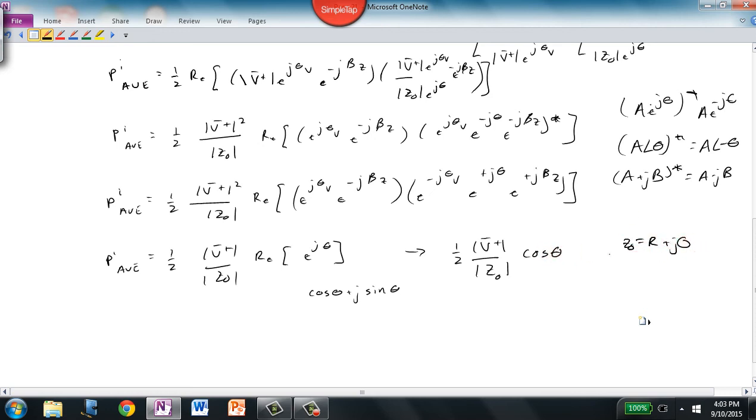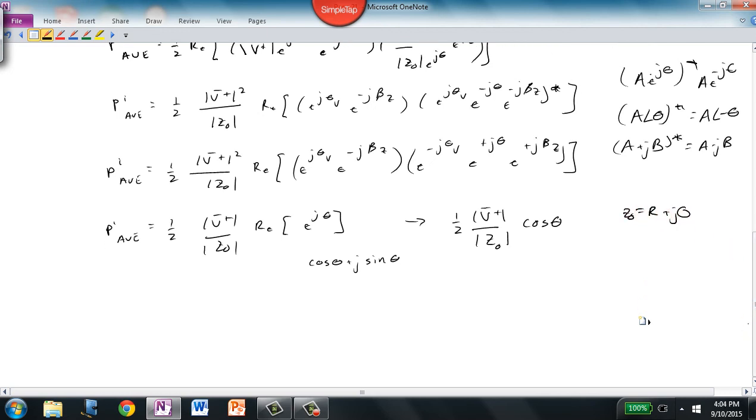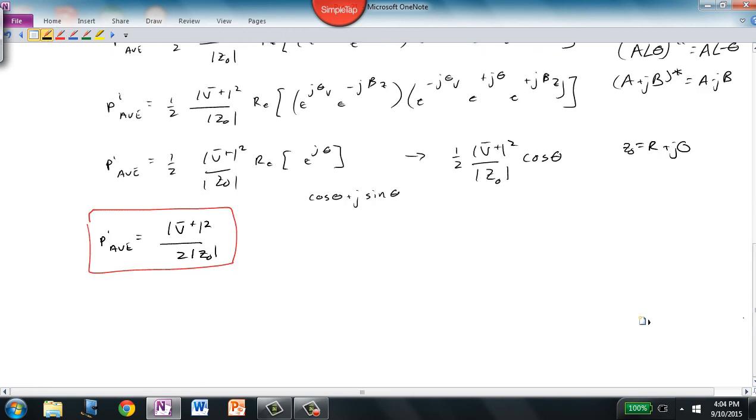So there is no phase angle between this and this, and so cosine theta goes to 1, and so the incident power is therefore equal to V bar plus squared over 2 magnitude of the characteristic impedance of the transmission line. So that is the power incident on a lossless transmission line.